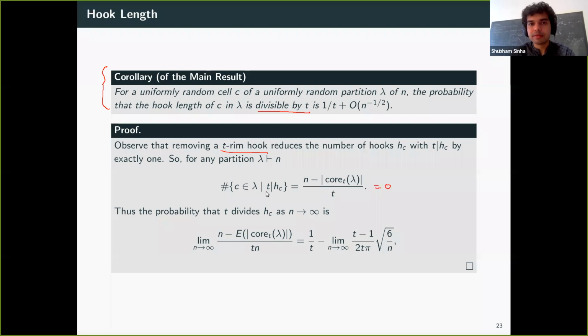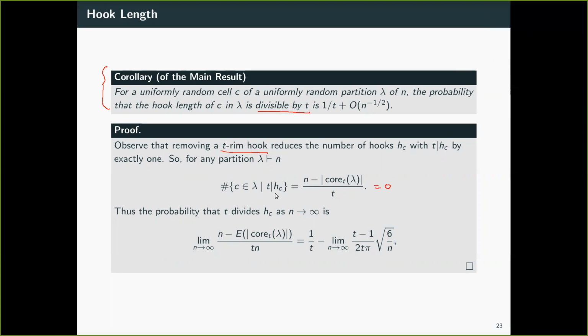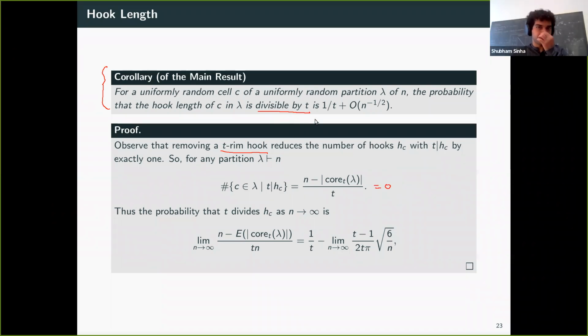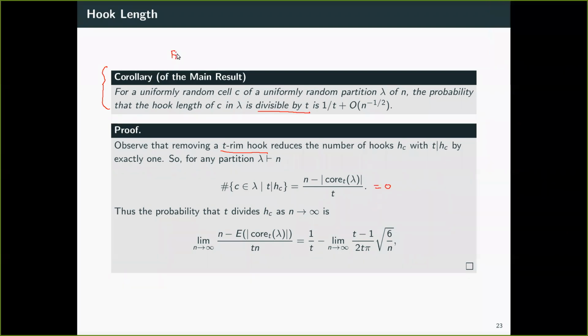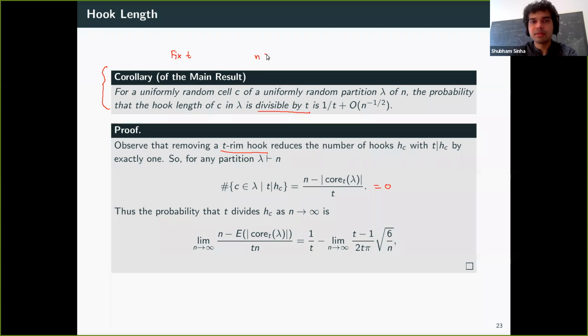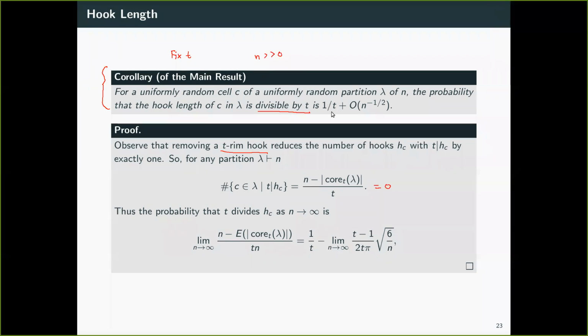And that is true because there can't be a cell with hook length t. But what does the corollary itself say in that case? Here we are fixing t, and n goes large enough. That's the range. Okay, thanks.